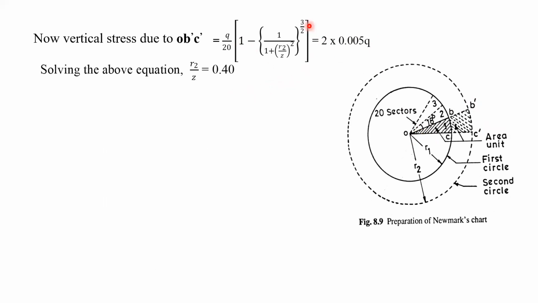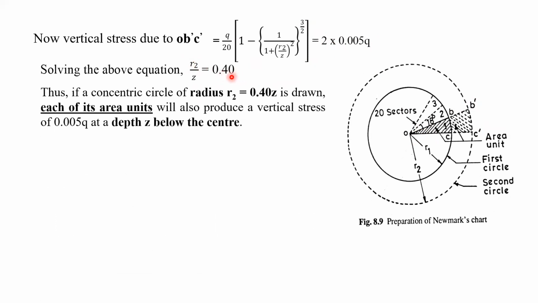Once you solve this equation, we get R2 by Z equal to 0.04. That means if you draw the circle having the radius R2, each of its area units will also produce a vertical stress of 0.005 Q at depth Z below the center.